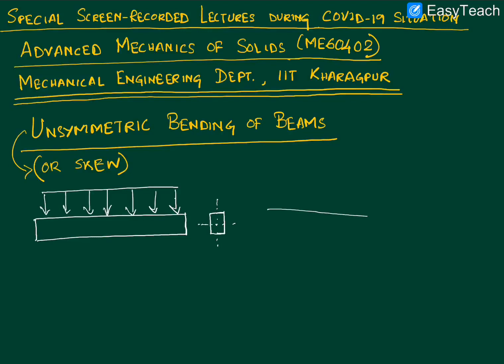So let's have our beam like this. Here we have the rectangular cross section. As I mentioned earlier, this is definitely a beam having a cross section which is doubly symmetric.